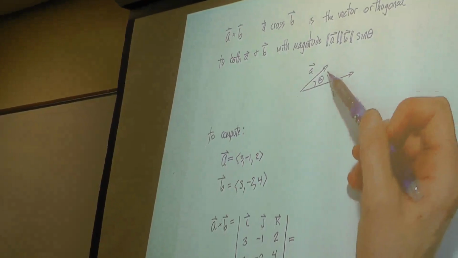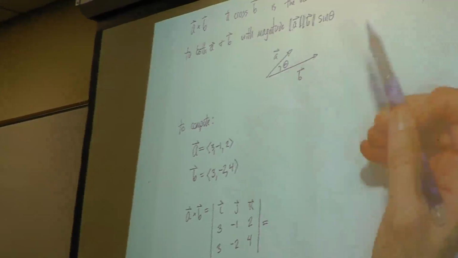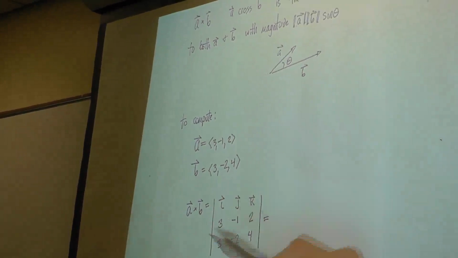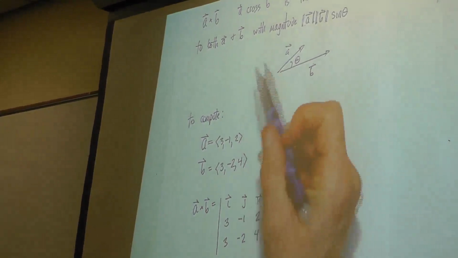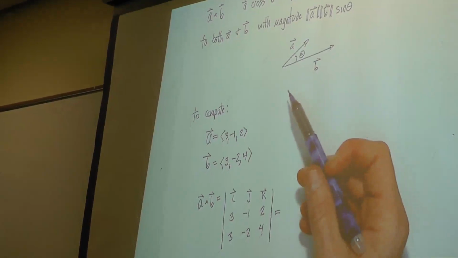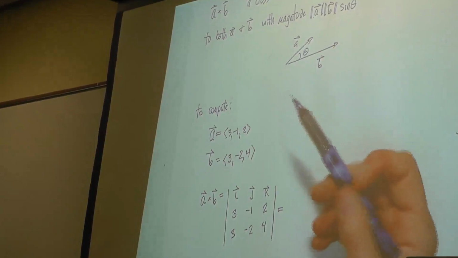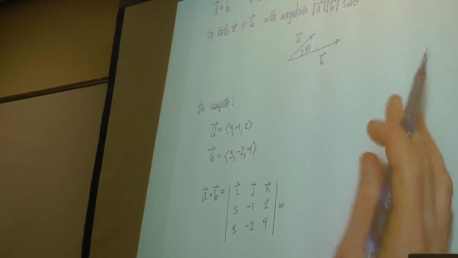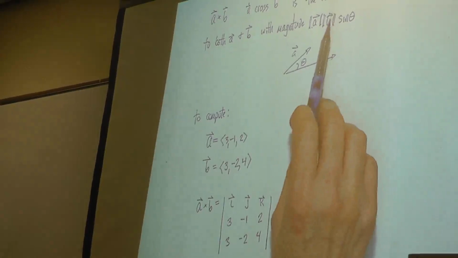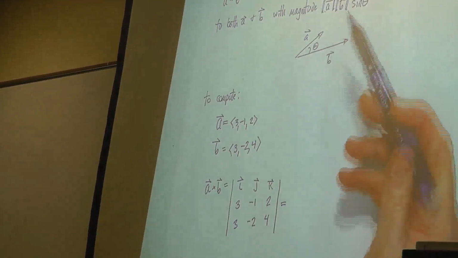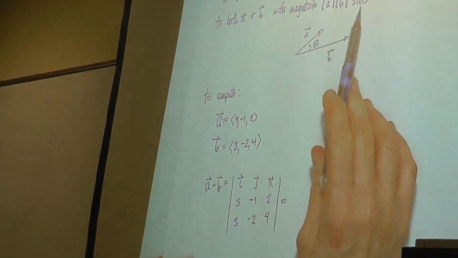Now, what I'm not going to do is work through all the drivel that you have to do to show that, in fact, this satisfies the conditions I want. But that's what they do. It's messy. So we find the determinant, it's going to give us this. It's going to give you a vector. It will be orthogonal to both of these. And it will have this magnitude.